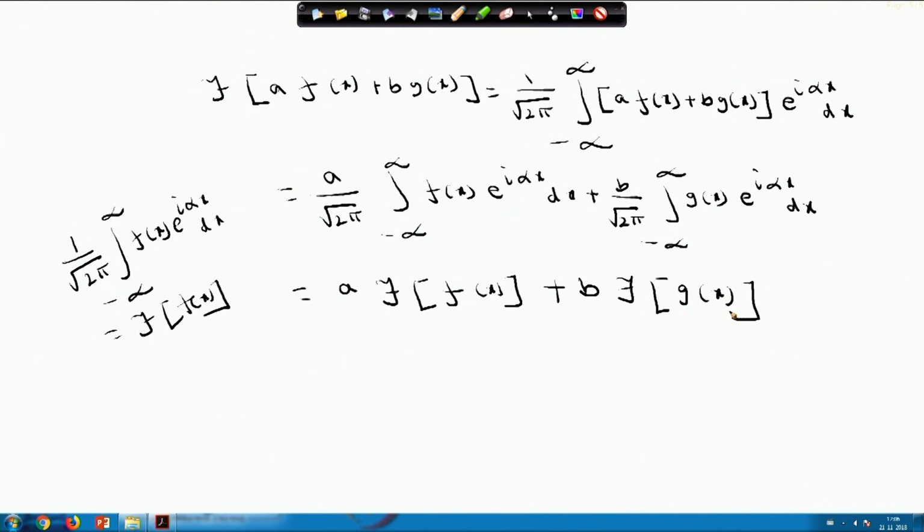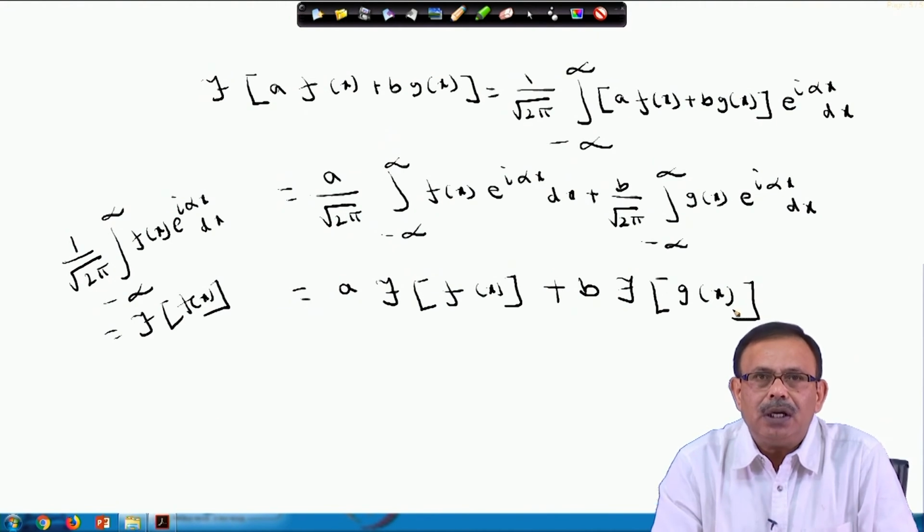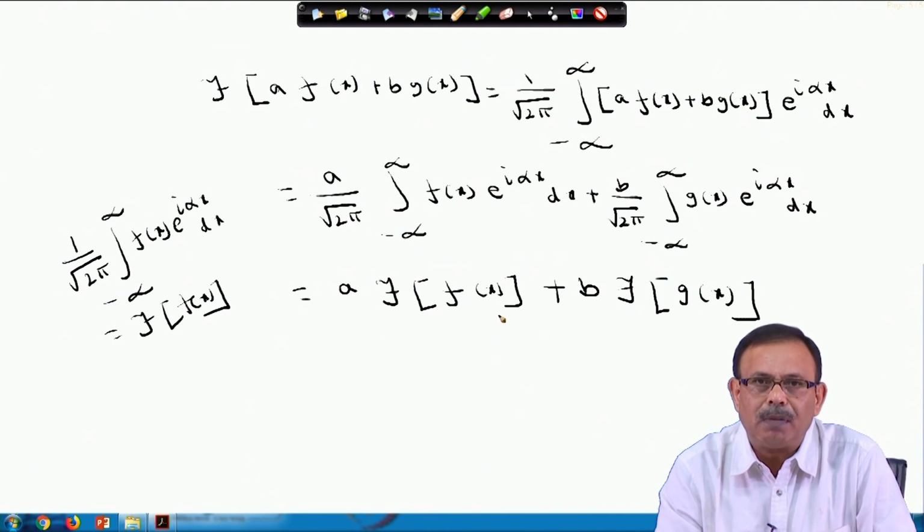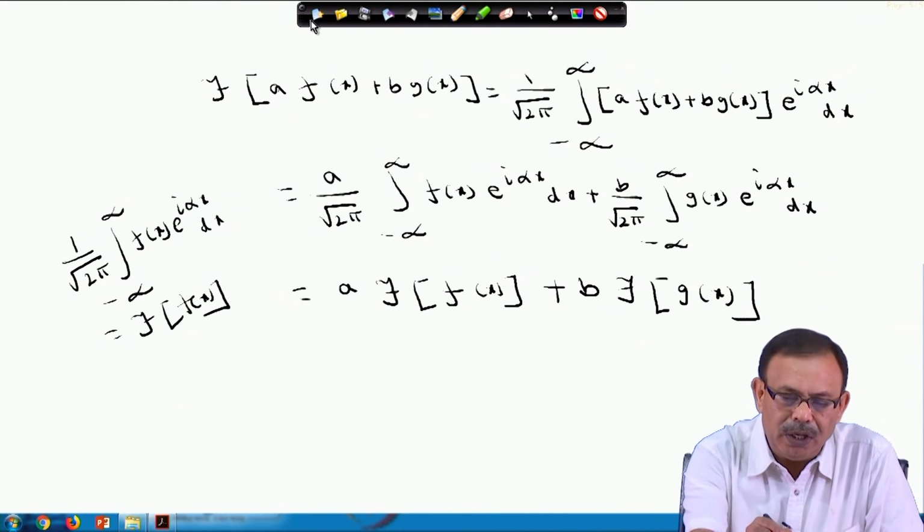So, this completes the proof of the first part, that the Fourier transform of a f(x) plus b g(x) equals a into the Fourier transform of f(x) plus b into the Fourier transform of g(x).